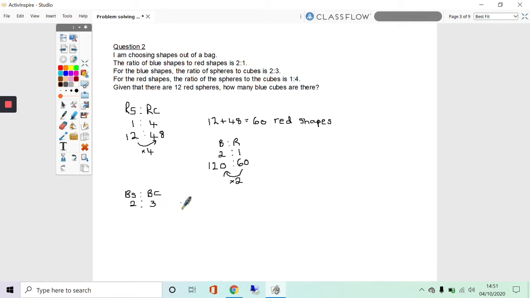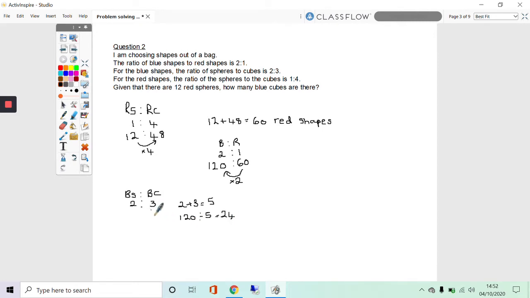So altogether, that ratio has 5 parts. Those 5 parts make up 120 blue shapes. So one part is going to make up 120 divided by 5, which will be 24 blue shapes.